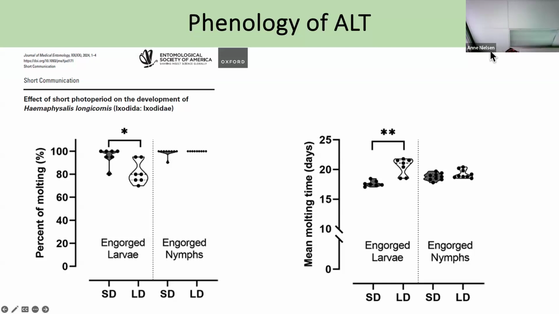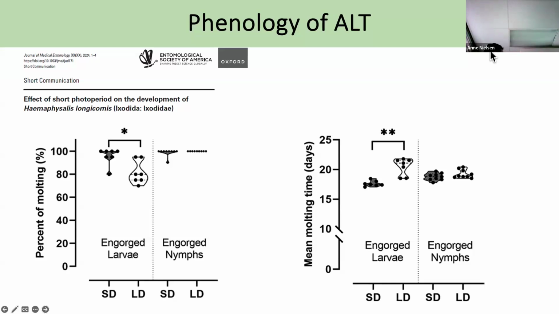Larvae are going to feed, become engorged larvae, and molt into nymphs, and nymph is the primary stage that overwinters for the Asian longhorn tick. So we wanted to see whether the development of engorged larvae will be affected by the photoperiod. So we compared engorged larvae and engorged nymphs under short day length and long day length, one mimicking conditions that happen in the fall and early winter versus conditions that happen in the summer.